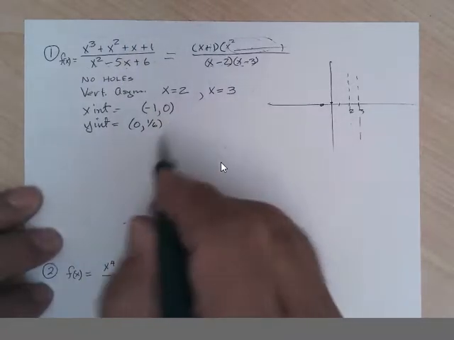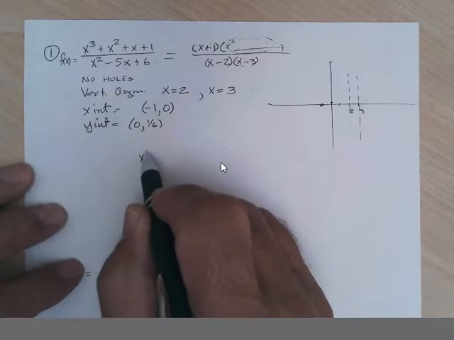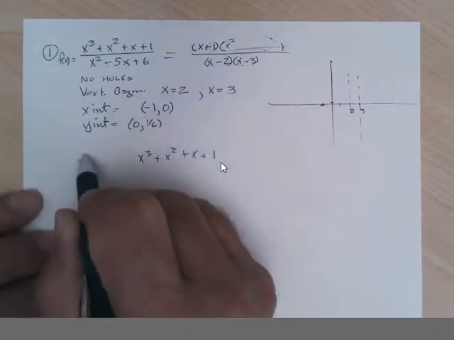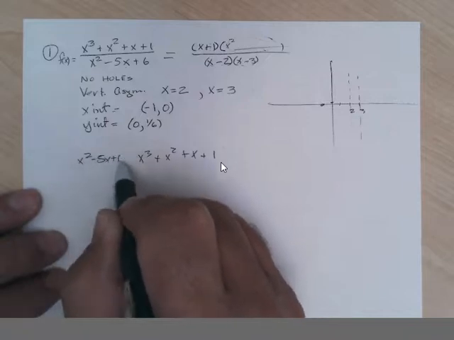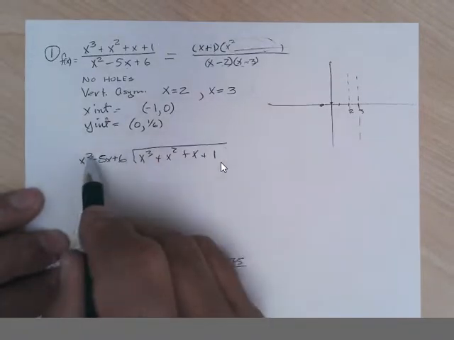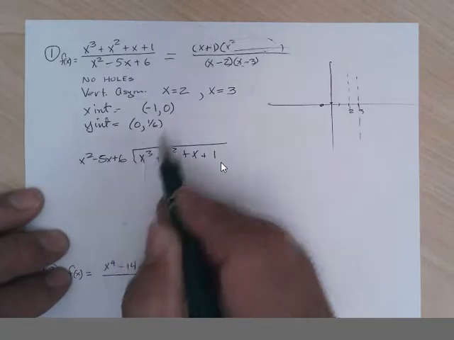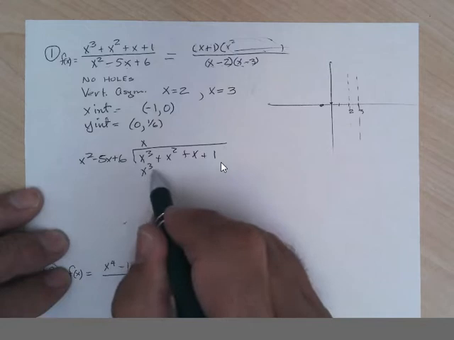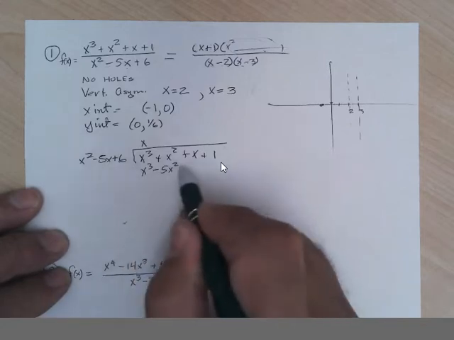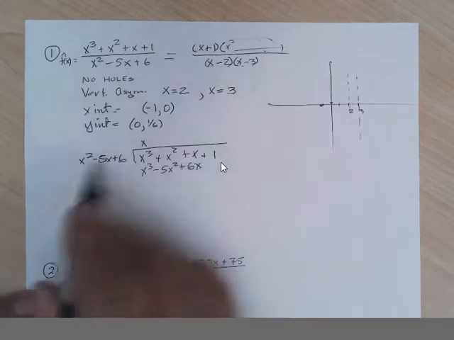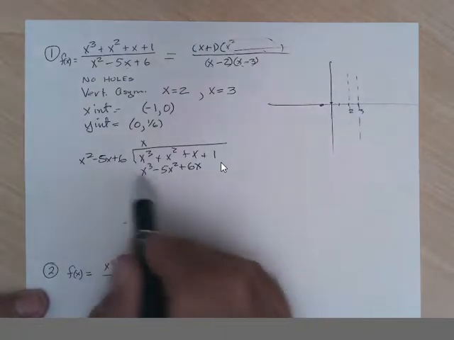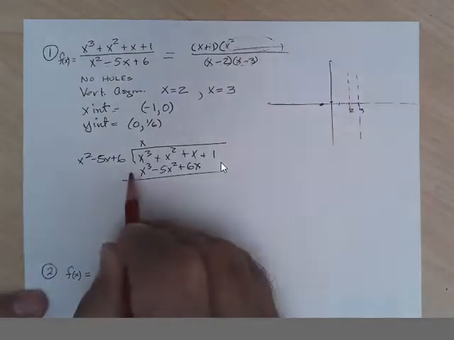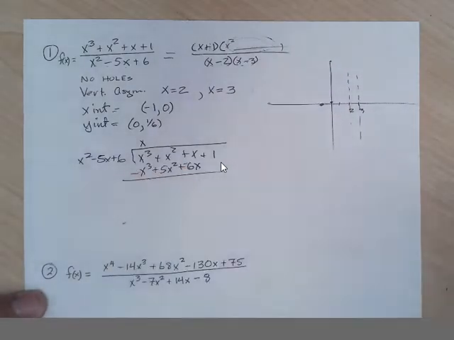But I got an oblique one here, so I'm going to take x to the third plus x squared plus x plus 1 and divide it by x squared minus 5x plus 6. X squared, I'd have to multiply by an x to get x to the third. So if I take x times all this, I get x to the third minus 5x squared plus 6x. Just multiplying all this by x. Draw the line and change all the signs. So this first one becomes minus, this one becomes plus, and this one becomes minus.